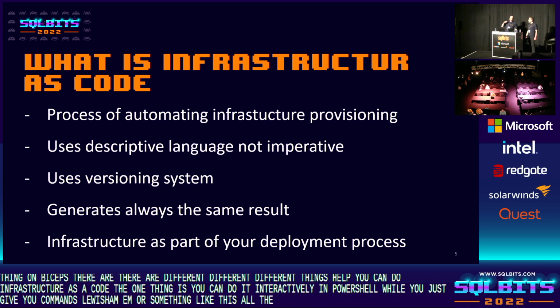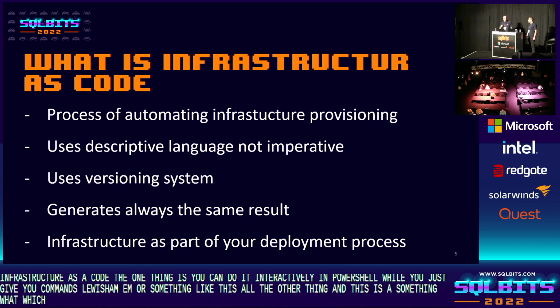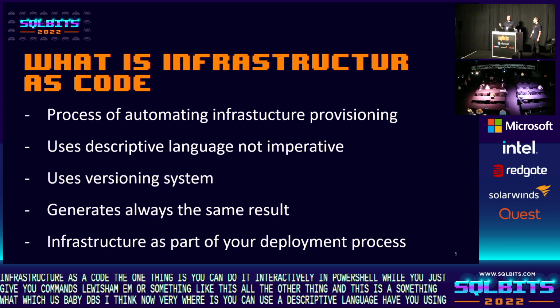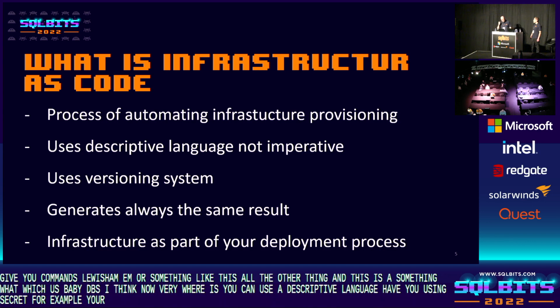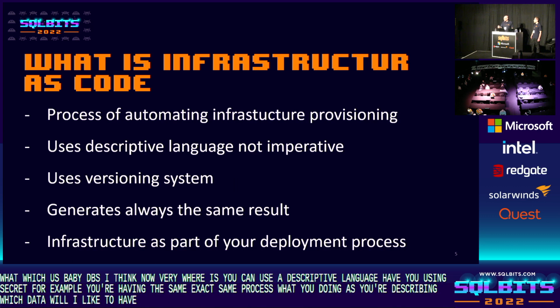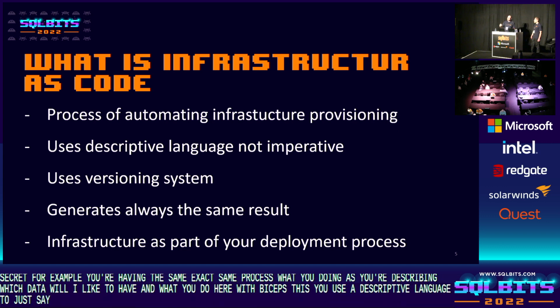Or the other way, and this is something which you as DBAs, I think, know very well, is you can use a declarative language. If you're using T-SQL, for example, you have the exact same process. What you're doing is describing which data you would like to have. And what you do here with Bicep is use a declarative language to just say which kind of resources you would like to have.